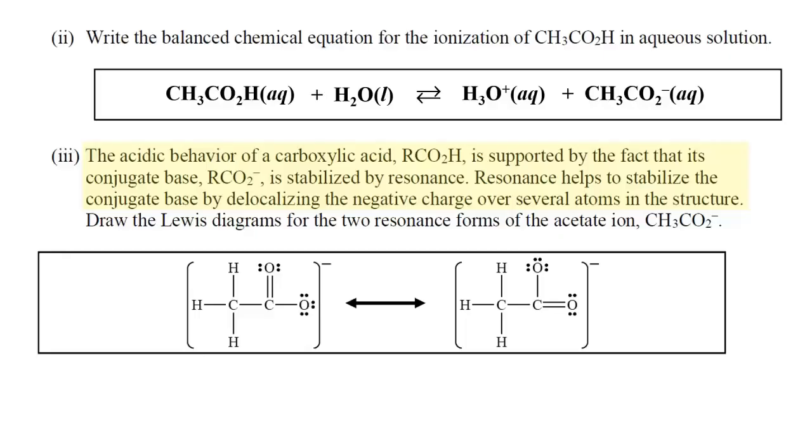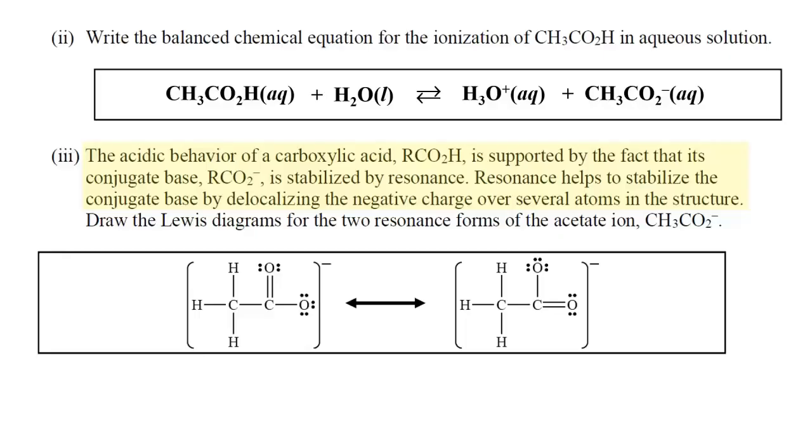I said, the acidic behavior of a carboxylic acid, which has the general formula RCO2H, where the letter R is an abbreviation for the rest of the molecule, and that often includes carbon atoms, hydrogen atoms, and sometimes even oxygen atoms.